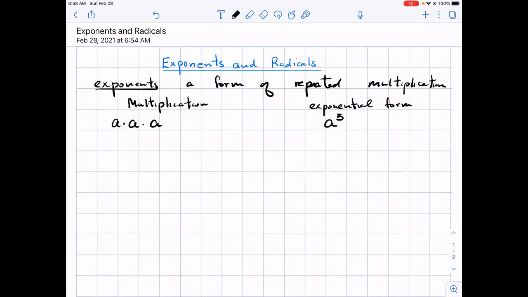Likewise, if I have -4 times -4 times -4 times -4, the base here is the parentheses, and keep in mind the way I say it, the base is the parentheses with -4 inside, and that is raised to 1, 2, 3, 4 times. So it's to the 4th.